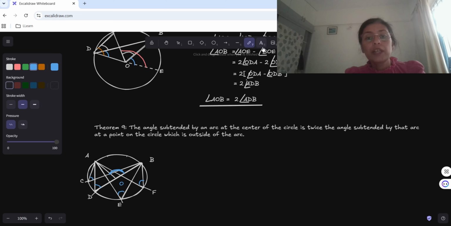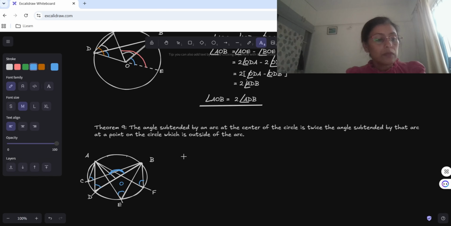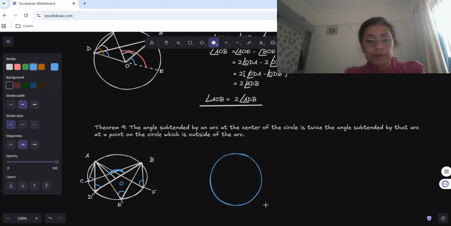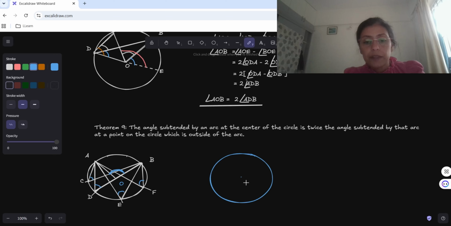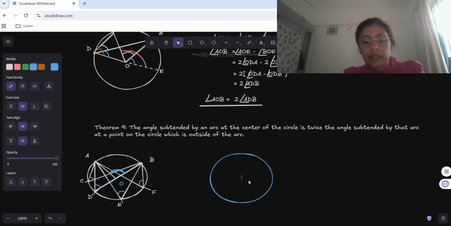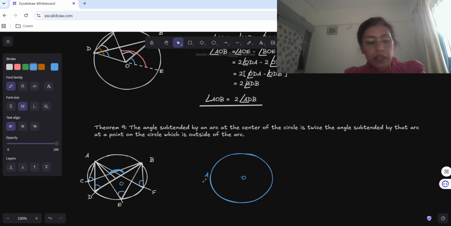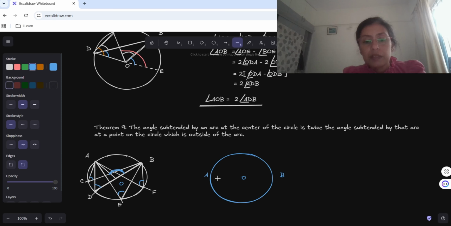Another thing which we can deduce from it is, okay, let me make another circle here. Okay, and let me show the center. Let me call this center O. Now this is my point A, this is my point B, and this is actually the diameter.